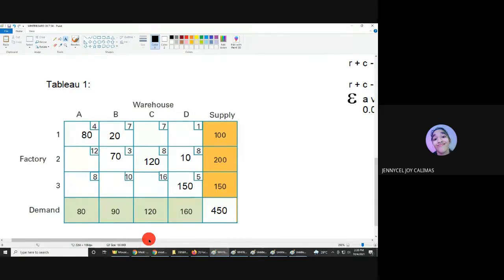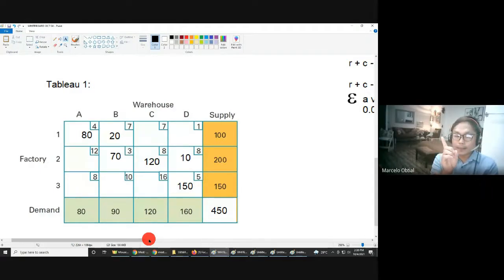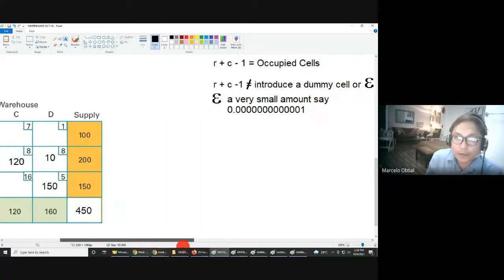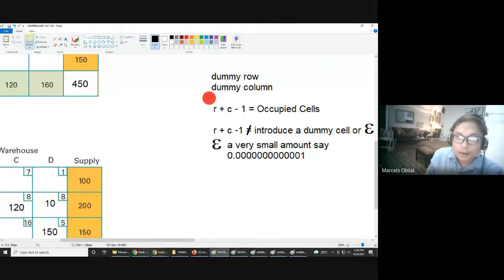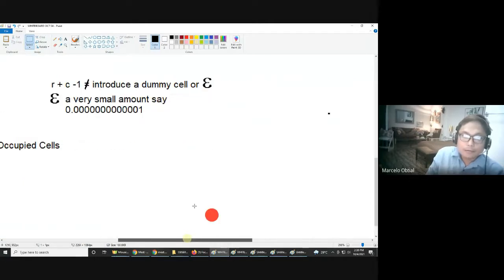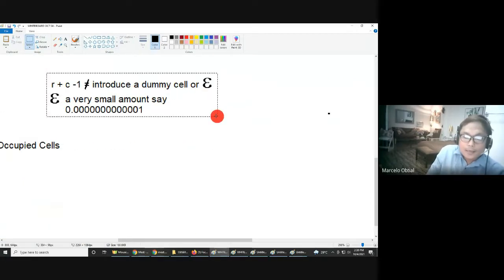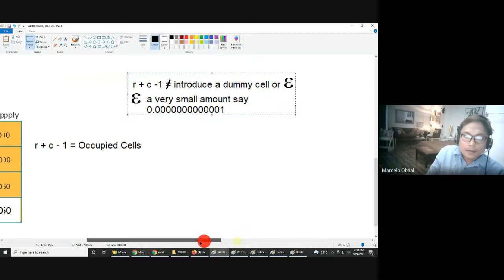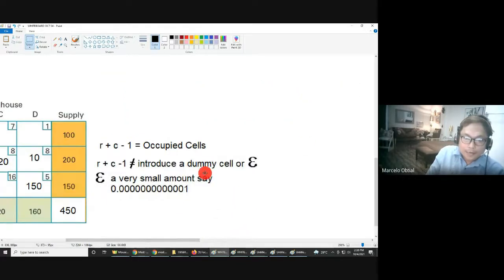Okay. So Jen said that dapat let's evaluate first if we will proceed with the next algorithm or not. No? So we must evaluate always this. Okay, R plus C minus 1, is it equal to your occupied cell? If not, it says here, you will introduce E, or a dummy cell.